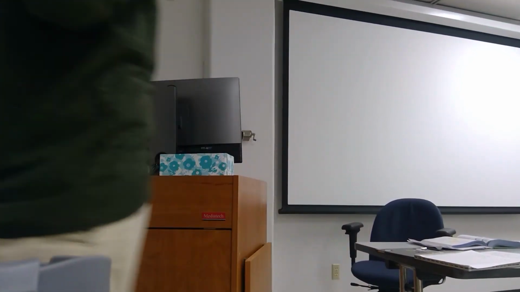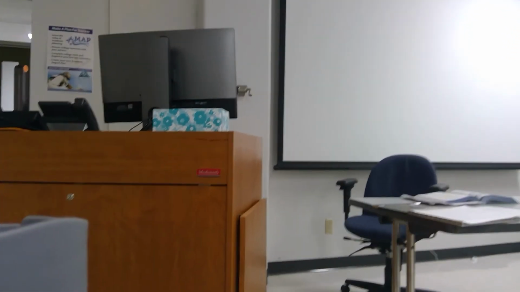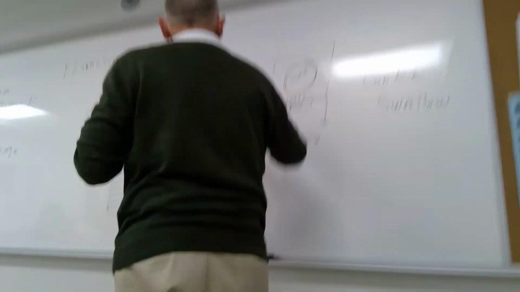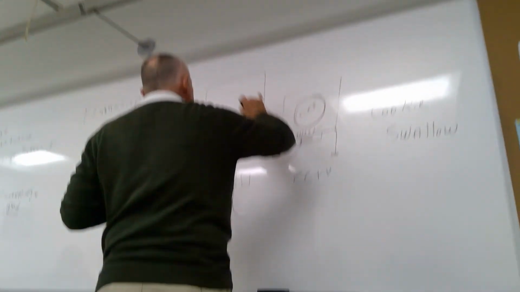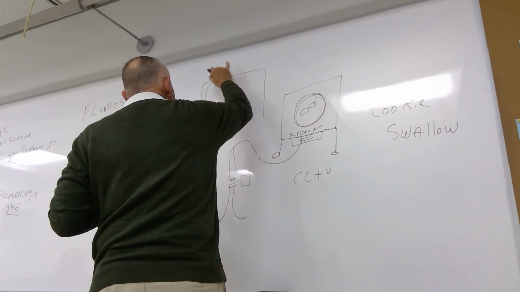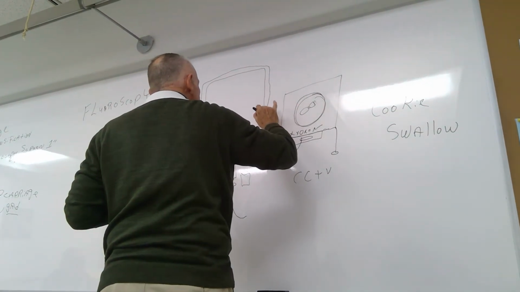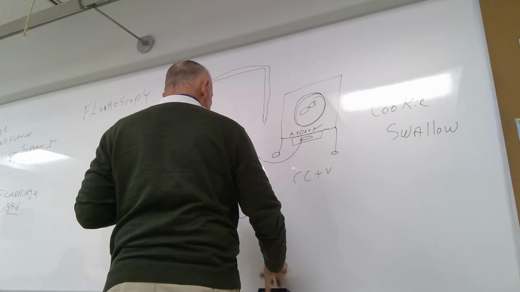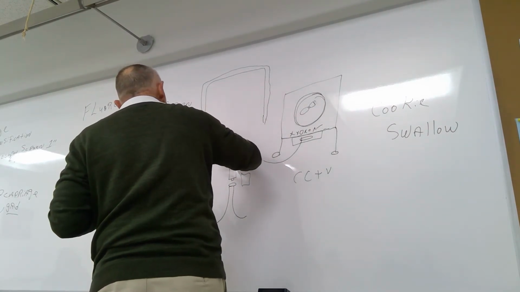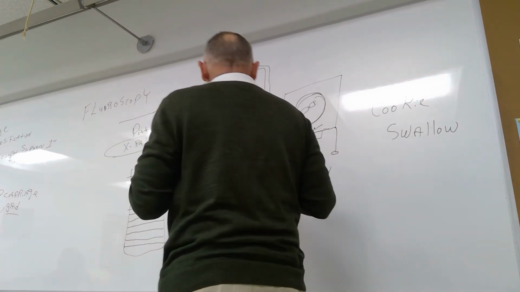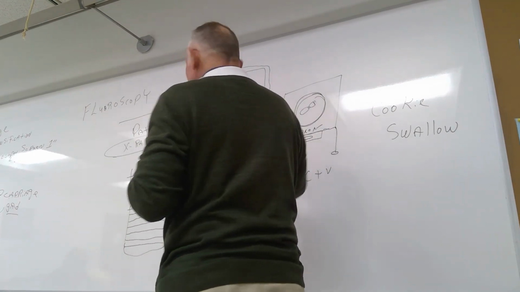Okay, so we're using the image intensifier, and tell me what I'm drawing here. What's down here? Colon.